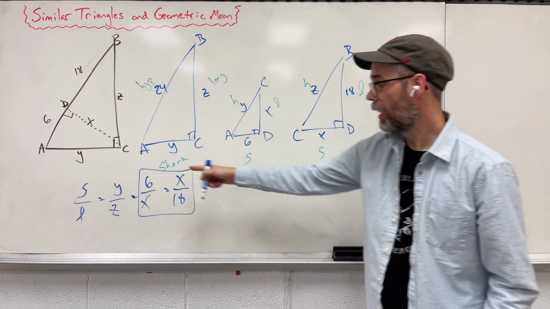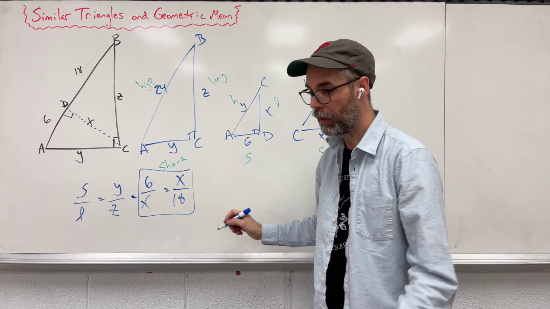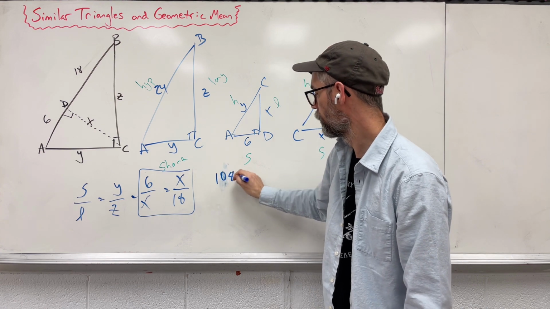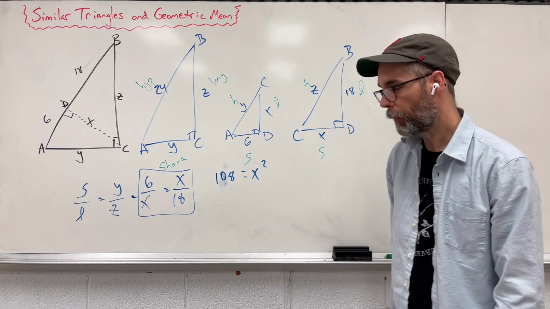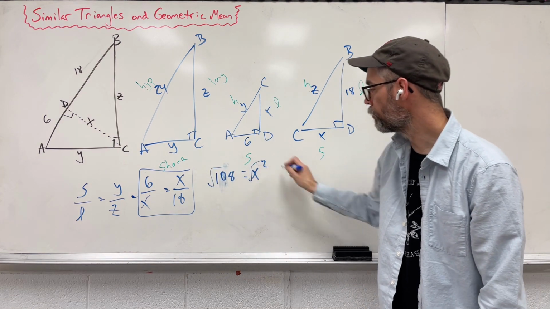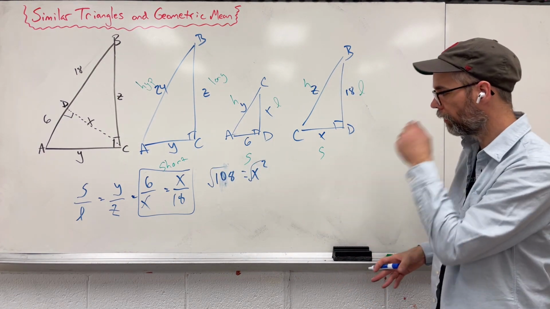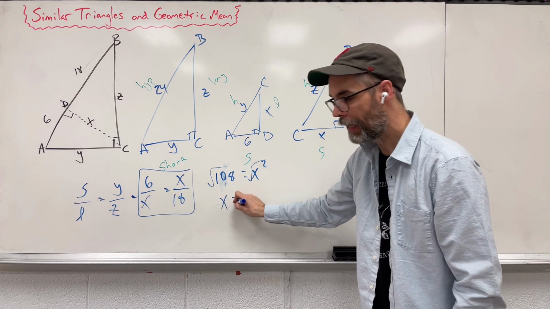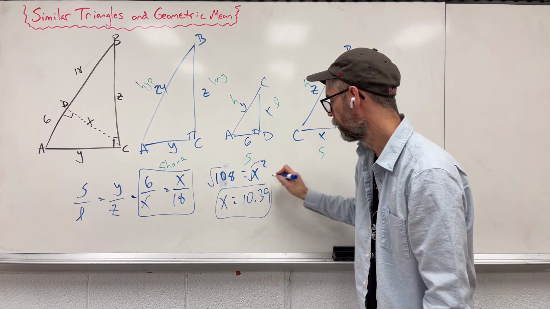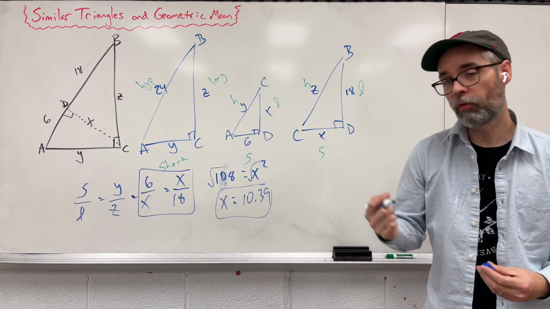So when I take 6 times x, I'm left with 108 equals x squared. Now, in order to solve for x, we have to undo that exponent, do the inverse, make a square root. We're left with x equals about 10.39. We need to do this 3 more times.